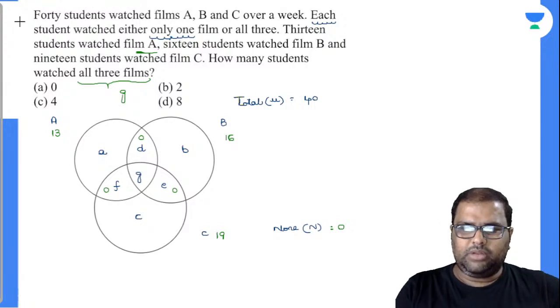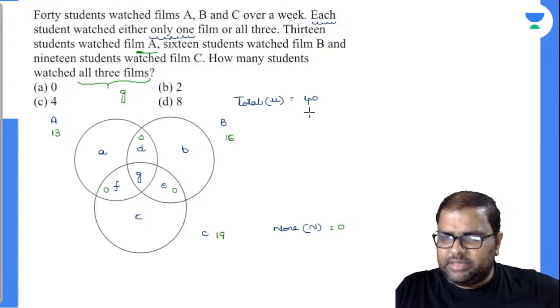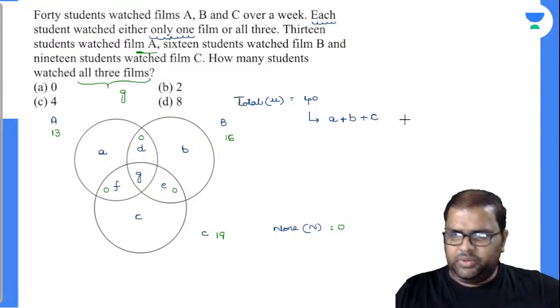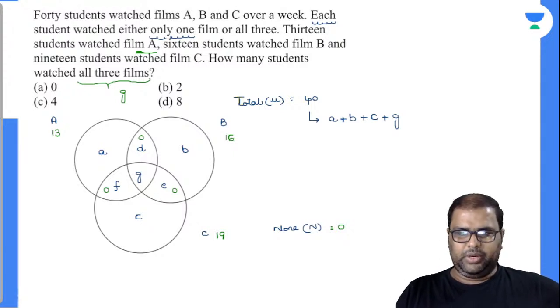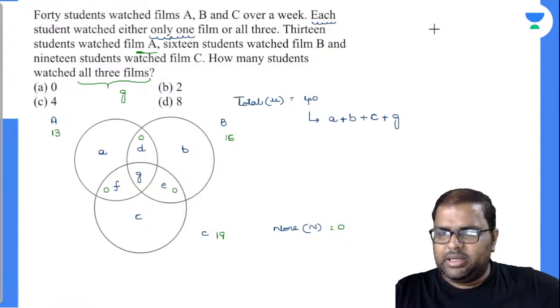So how shall I solve this, right? Observe, you know this value, this 40 is nothing but equal to A plus B plus C plus G. So D, E, F are 0, N is 0, so automatically I'll remove all those 0 values. So this is your total value now. Now I will add the circle values separately.